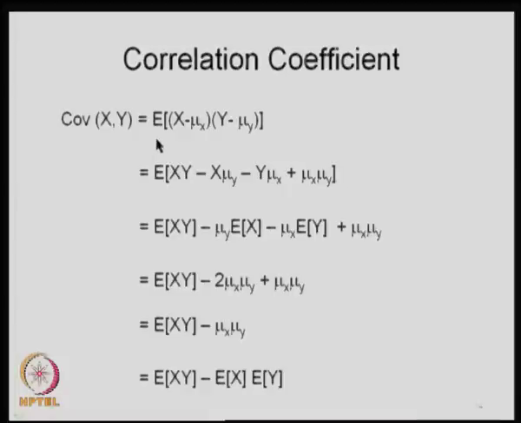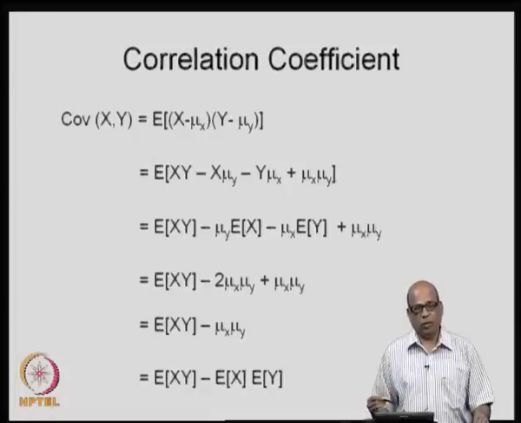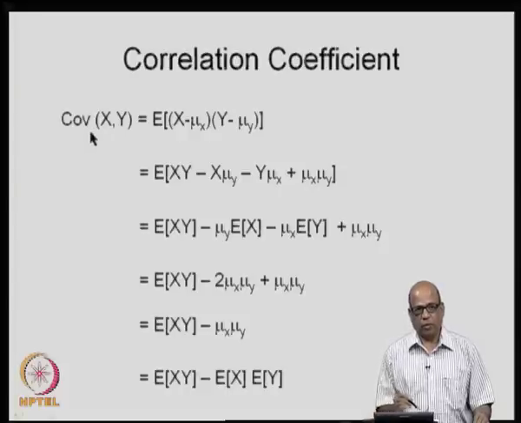We will just see what the correlation coefficient indicates for a perfectly linear relationship. For this, we will express the covariance of x and y in a slightly more convenient fashion. This is equal to the expected value of x minus mu x, y minus mu y.